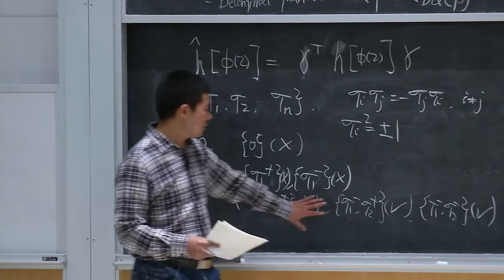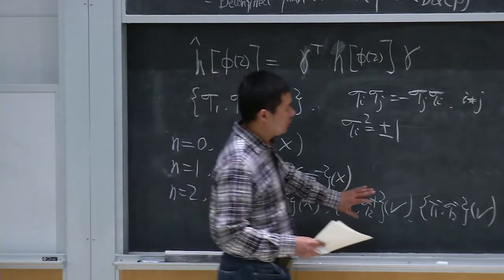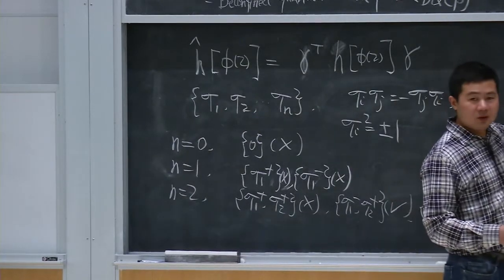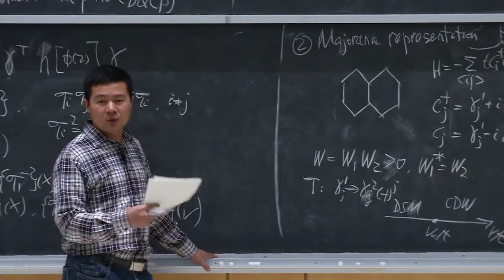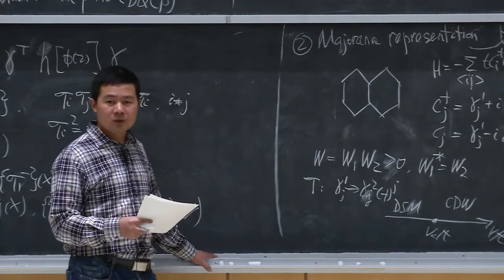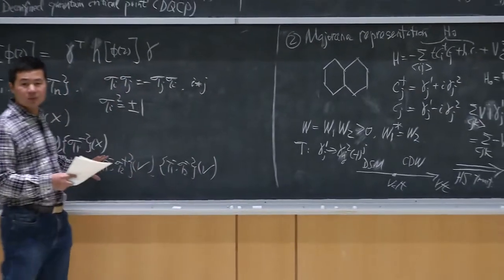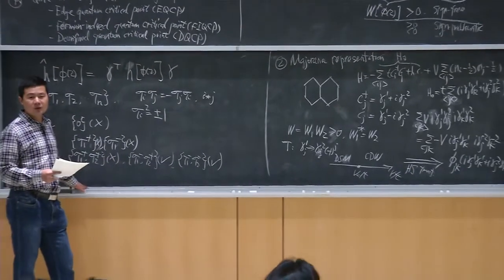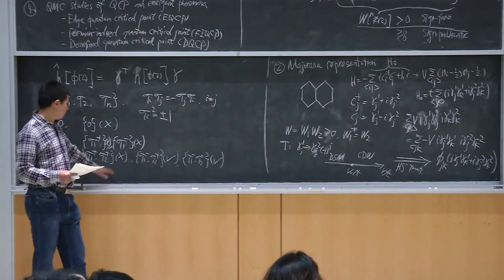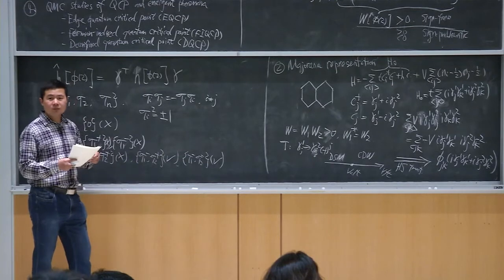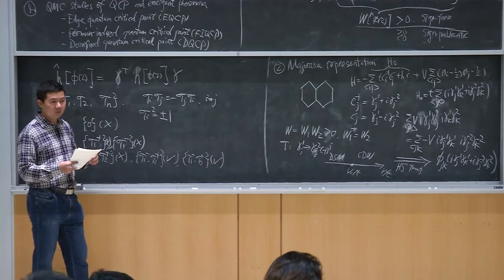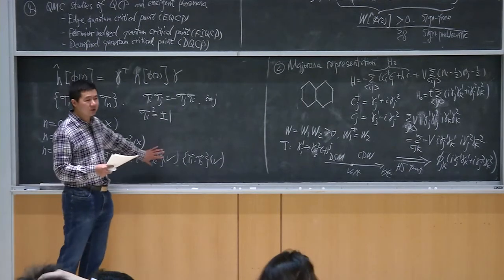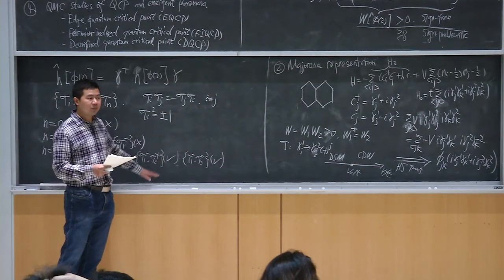And this tells us that for a specific model, we can try to look for a Hubbard-Stratonovich transformation with this kind of property, two anti-unitary symmetries with this property. Are all of them using the Majorana basis? Yes, all of them using the Majorana basis.